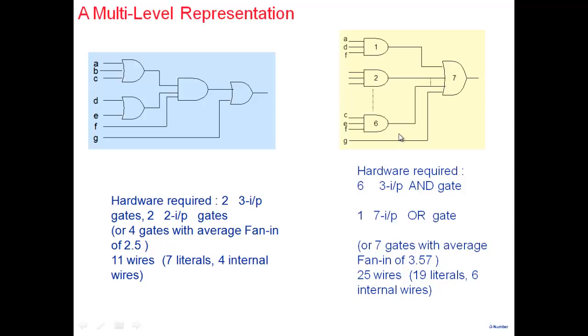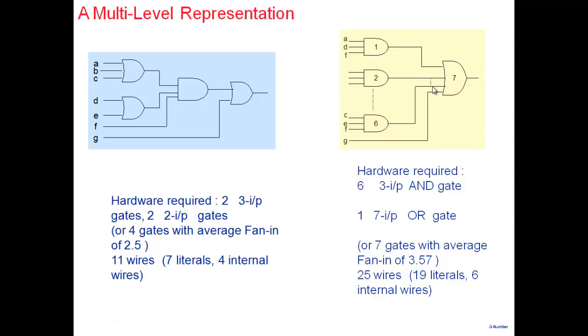Now look at this solution versus the other solution, which is the same expression represented in this form. You require 2 3-input gates, 2 2-input gates, and 11 wires. Same minimized Boolean expression, and look at the difference in complexity.